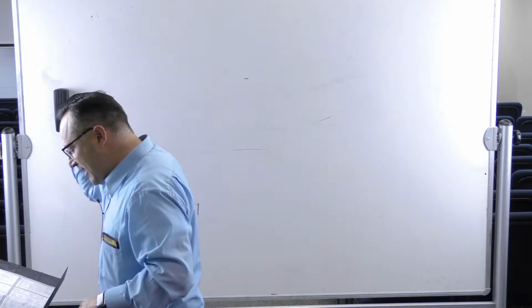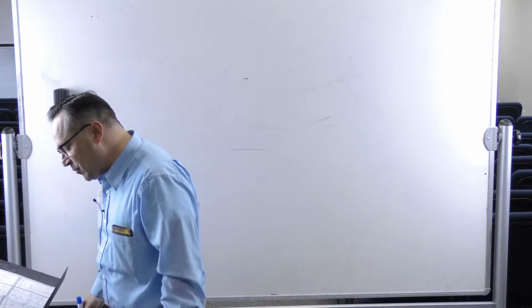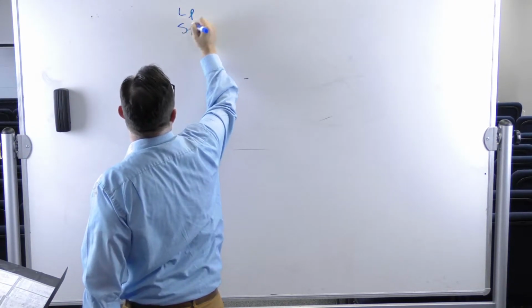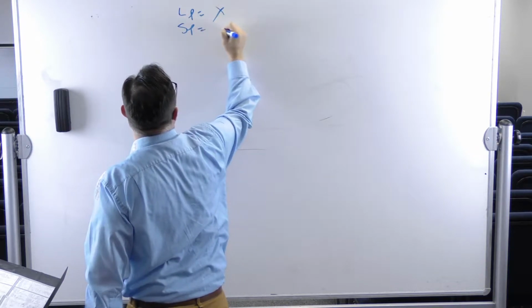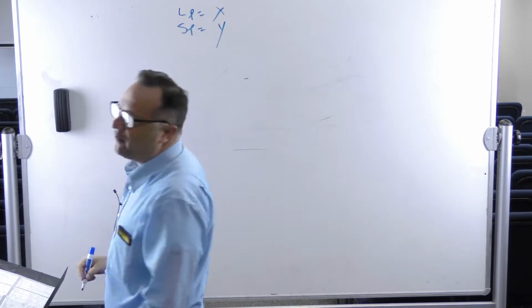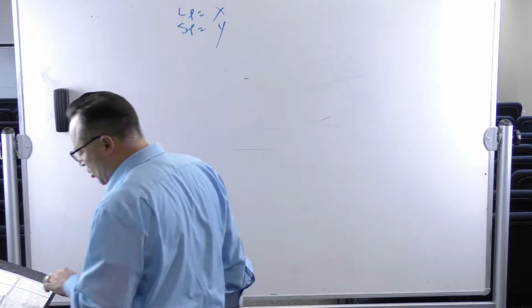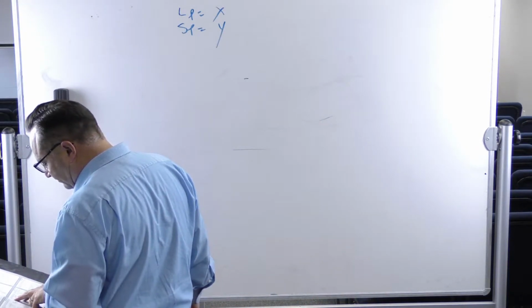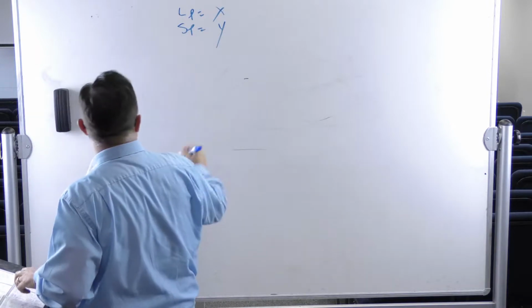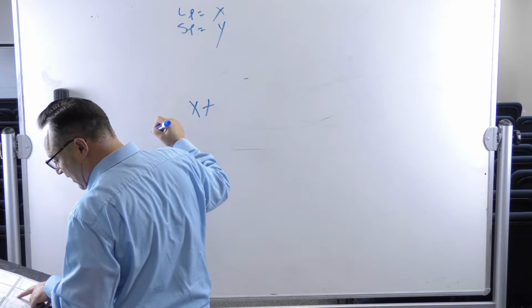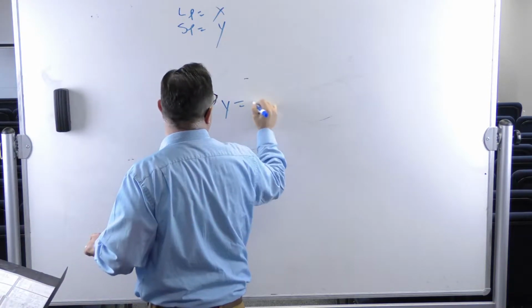So look at page 19. A 96-inch board has been cut into 2 pieces. So we'll say we have a longer piece and a shorter piece. Let's say the longer piece is x and the shorter piece is y, just so we have one letter representing the 2 unknowns. So together, x plus y equals 96.